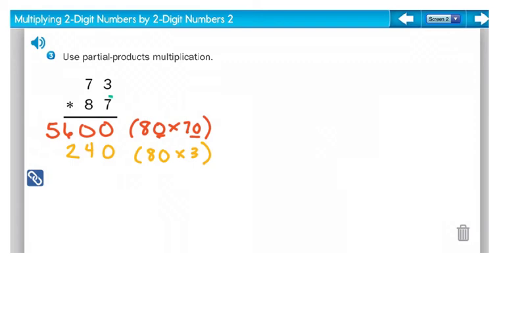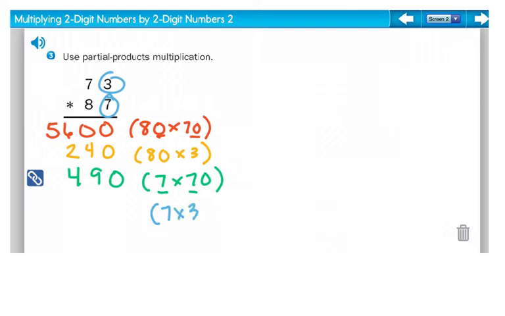Now I'm going to go ahead and multiply the 7 times 70 because the value of this top 7 is 70. Again, I'm just showing you my thinking. 7 times 7 is 49 with 1 0 behind it. And lastly, 7 times 3, which is 21.